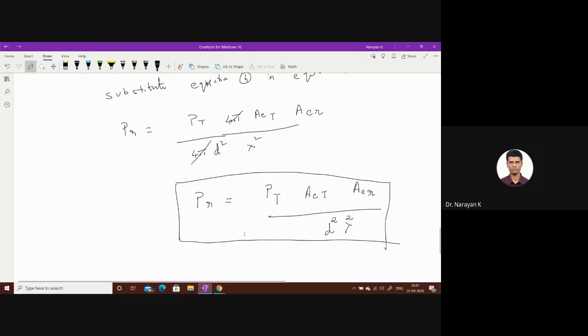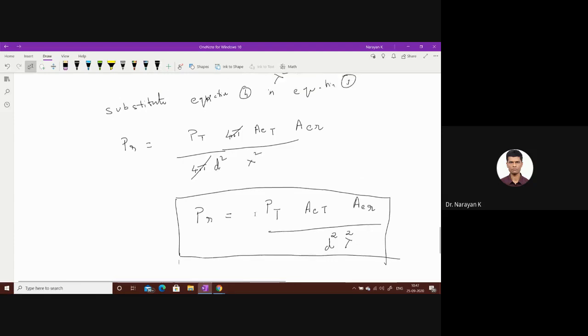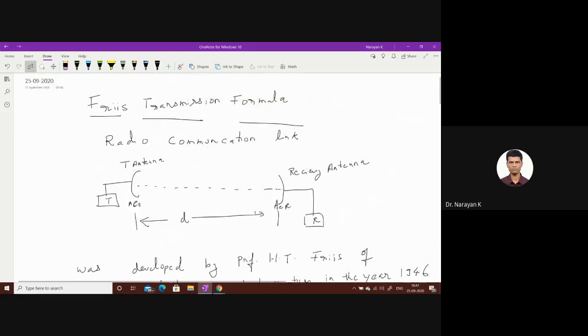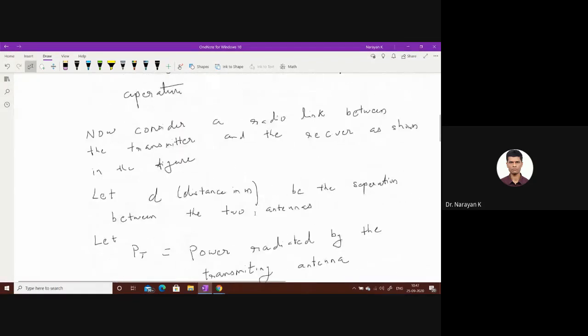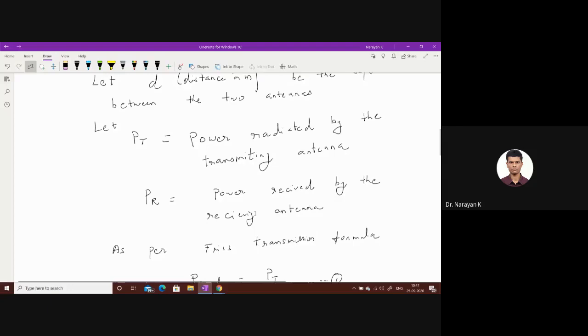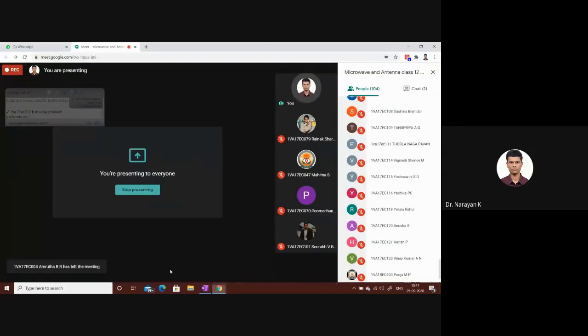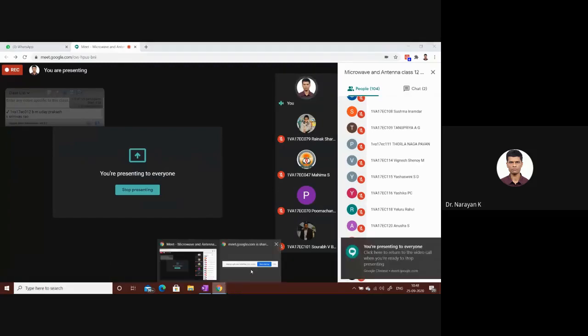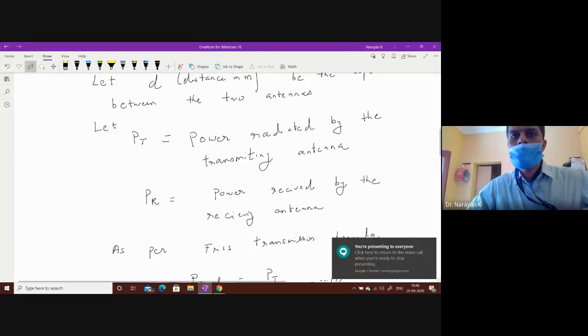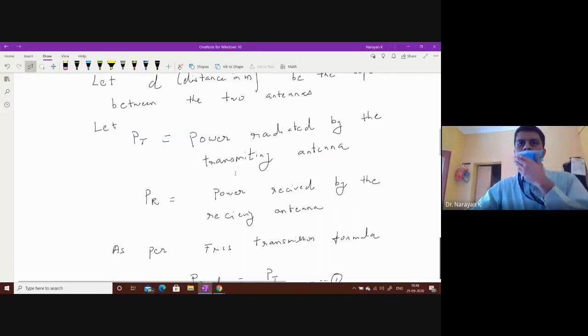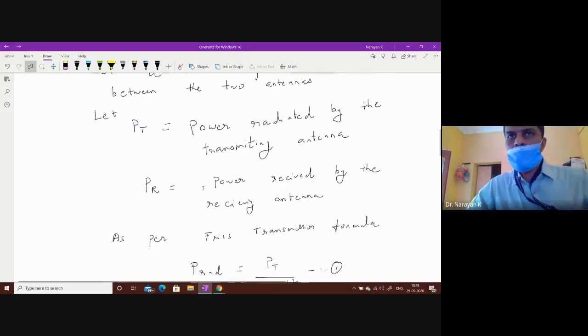So in your VTU exam, they will ask to state and prove the Friis transmission formula. What we have done is based on the concept of effective aperture. Let PT be the power radiated by the transmitting antenna, and PR the power received by the receiving antenna.